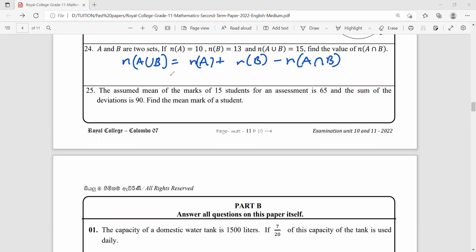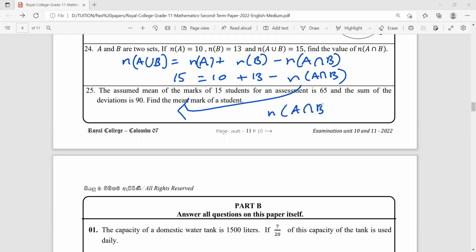Here you get n(A union B) is 15, and this is 10, this is 13, and this is n(A intersect B). Then you can take this to this side, and n(A intersect B) is equal to 23 minus 15, n(A intersect B) is equal to 8. This is the answer.